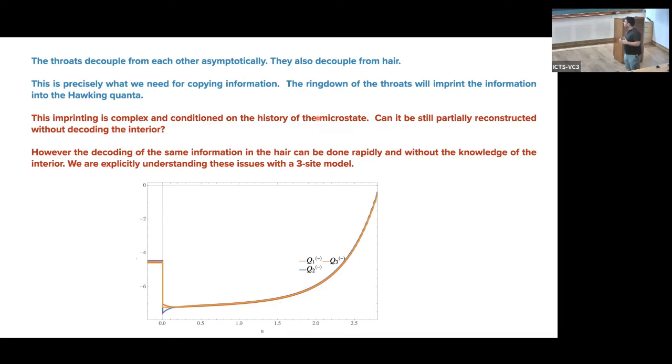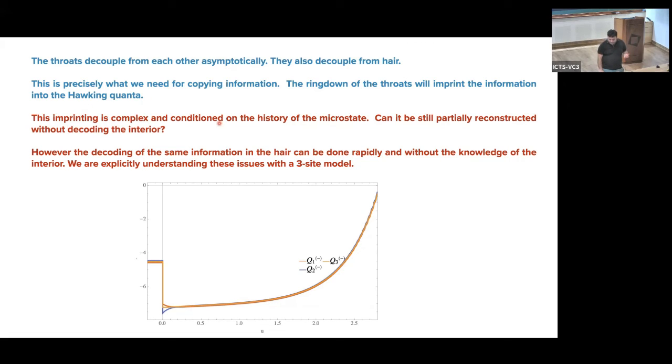The information of the hair would also be copied into the black hole ring down, and this will in turn imprint the information on the Hawking quanta, because as the black hole evaporates, it will carry the ring down information encoded in the Hawking quanta, and you should be able to decode from there.